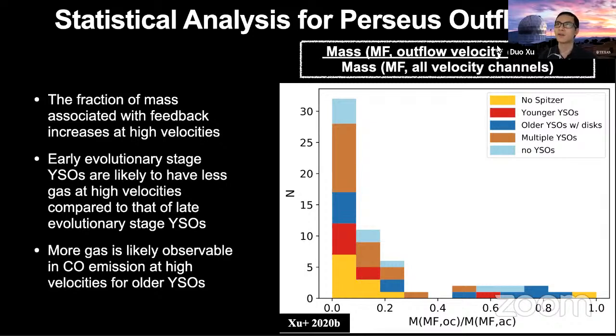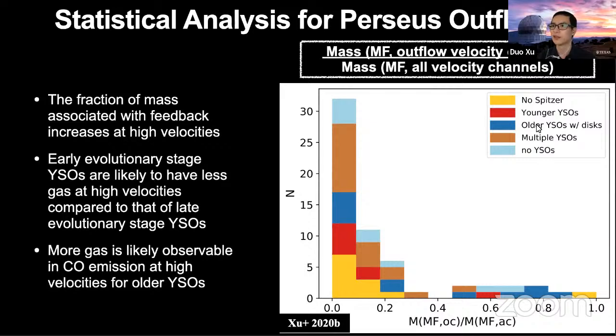Since at outflow velocity channels there is a higher fraction and more clear morphology, while all velocity channels include gas located at or near the rest frame velocity, the larger the ratio, the more mass is distributed at higher velocity channels. And this is what we see, which is consistent with our intuition.